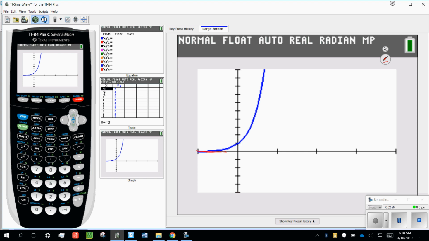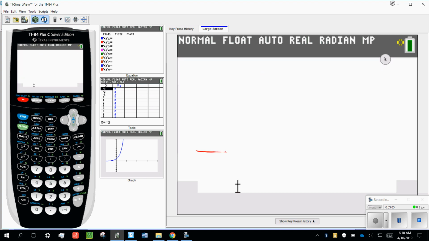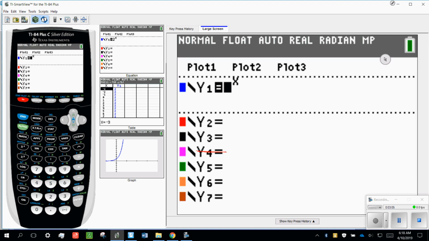It never goes below 0. It doesn't matter what we make our exponent. If it's negative 4, that's just 1 over 2 to the 4th. So it's a really small number, but it's not going to be less than 0.